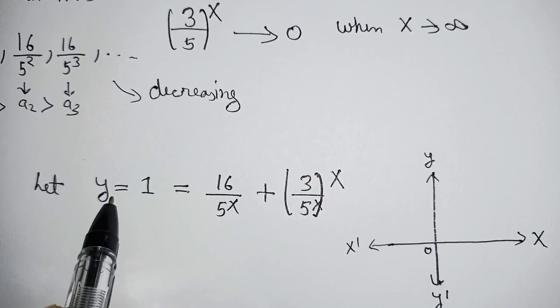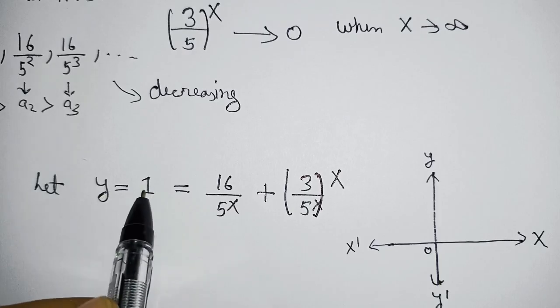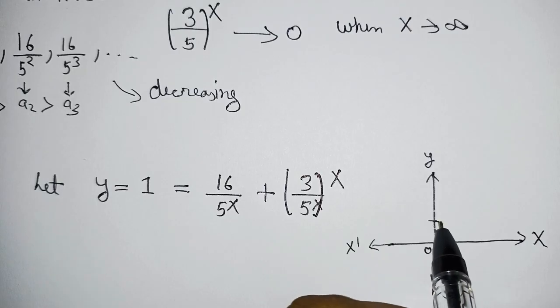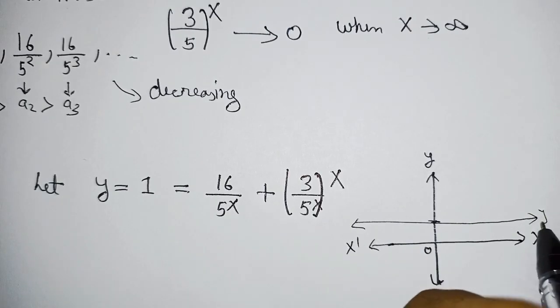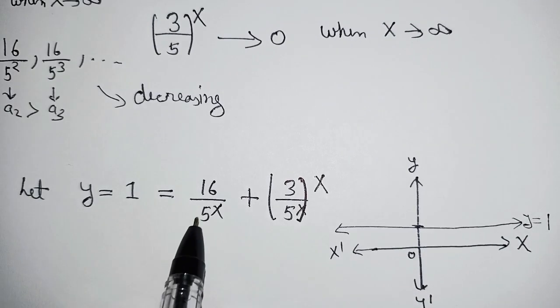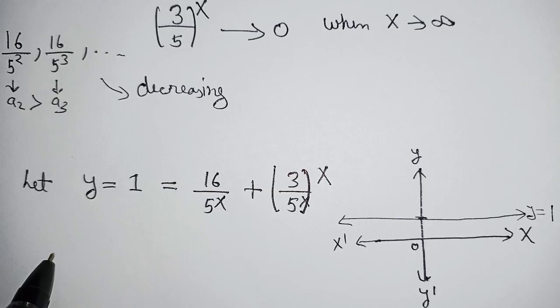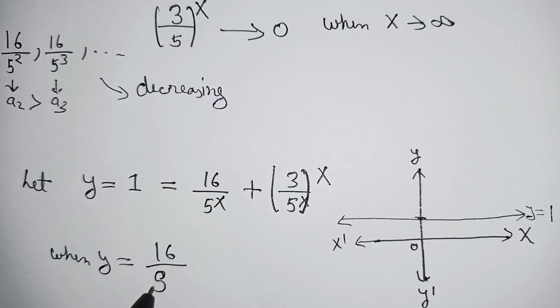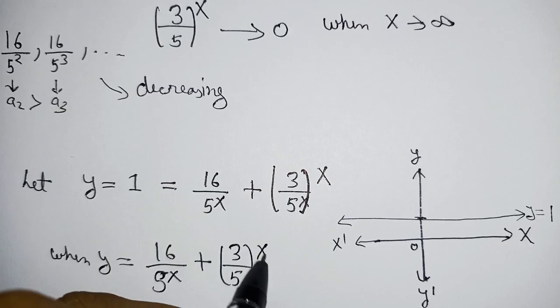So we suppose y is equal to this whole part, so there are two lines: y = 1, which is a line where the value of y is equal to 1, correct? And similarly y = 16/5^x + (3/5)^x.